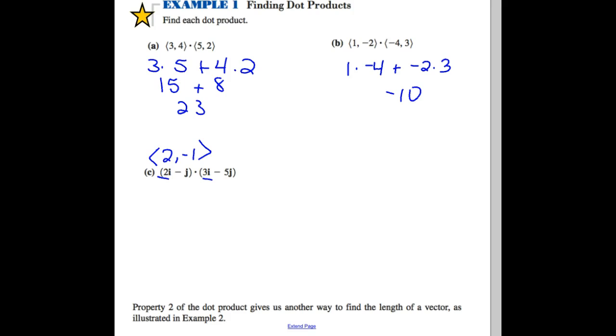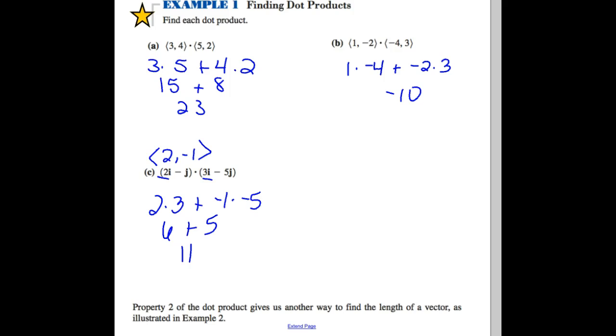You just don't have to worry about the i's and j's. Take them out. So 2 times 3 plus negative 1 times negative 5. So we've got 6 plus 5, or an 11 for a dot product. Questions about the computation of dot product?